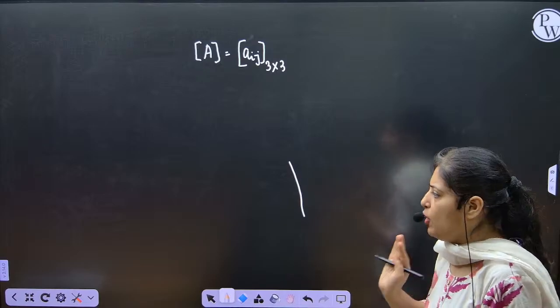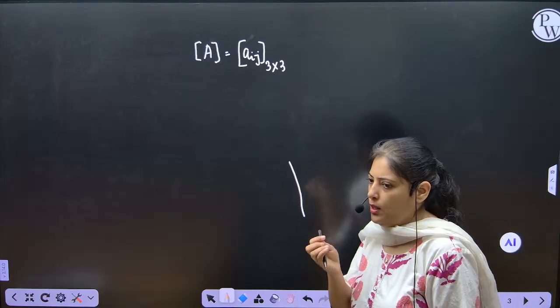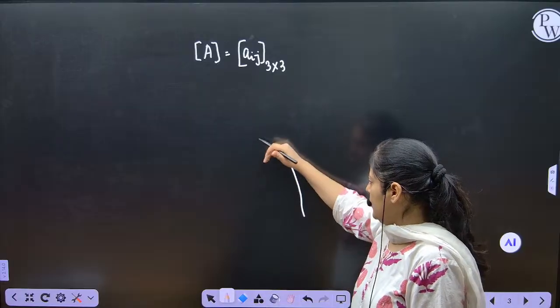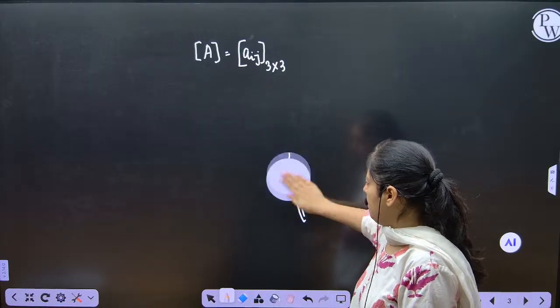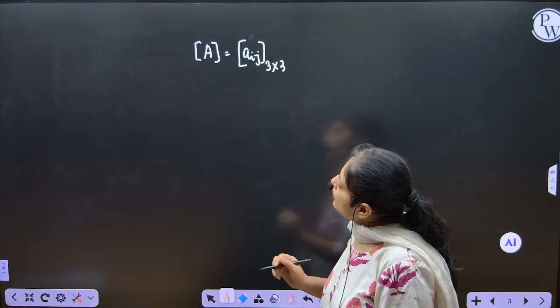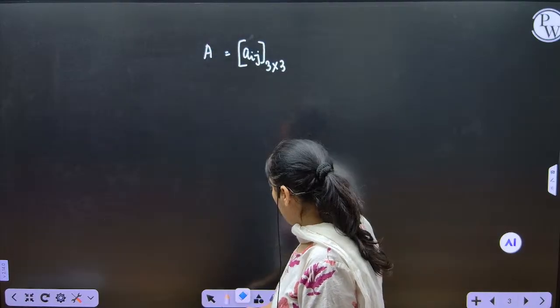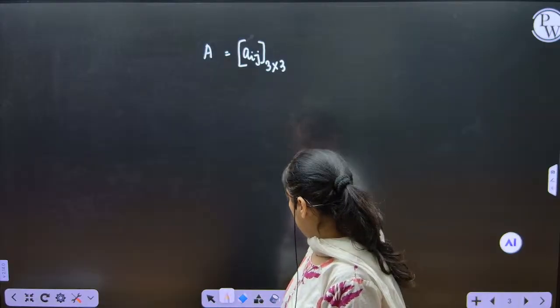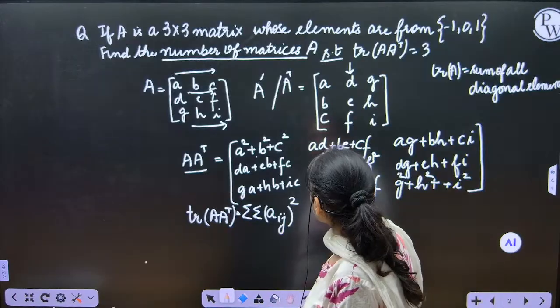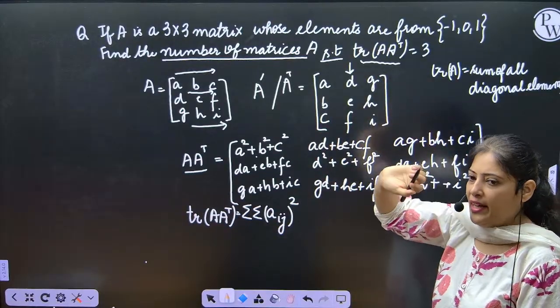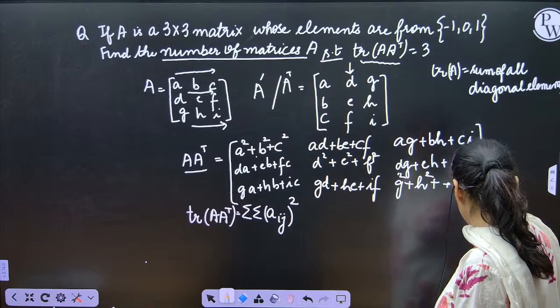These three numbers can be there. One more condition they have given: trace of A A transpose should be 3.